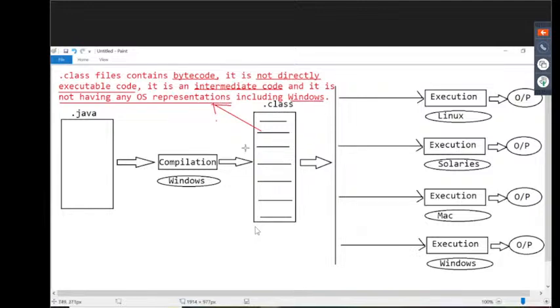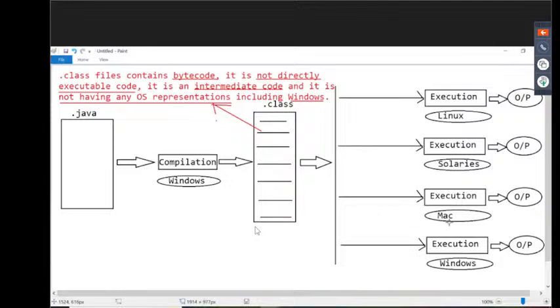But if you want to execute this bytecode on the Linux operating system, that bytecode must be in Linux representations. If you want to execute the same bytecode on the Mac operating system, that bytecode must have Mac representations. The point is that directly, that neutral bytecode is not possible to execute in any of the operating systems.